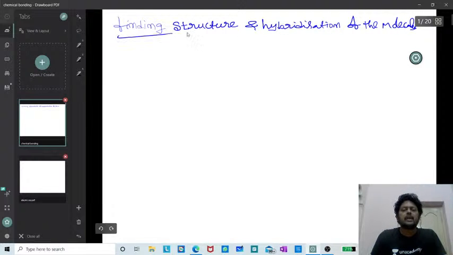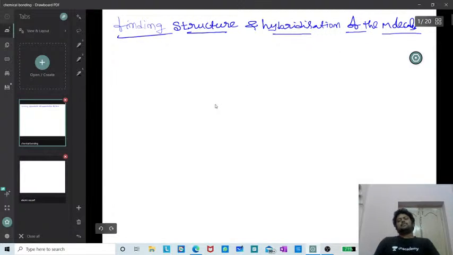Simply, we can find the structure and hybridization of a molecule. For this you need one tabular form. If you know the tabular form, you can answer any question.